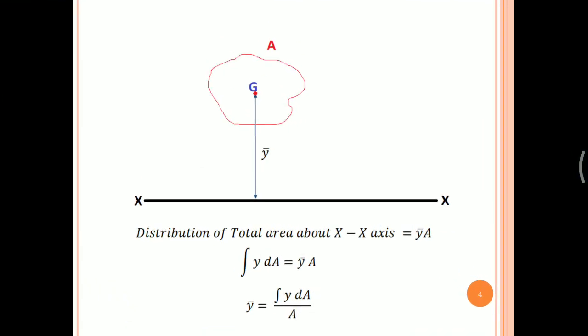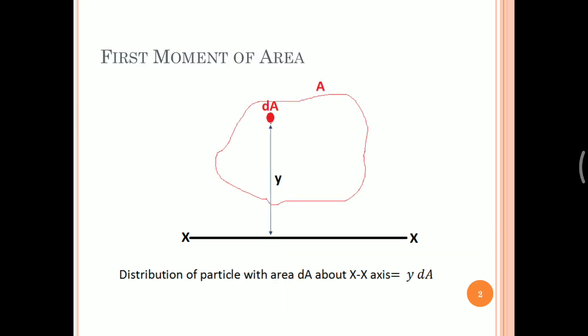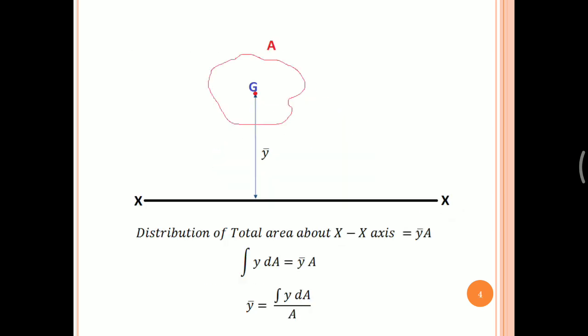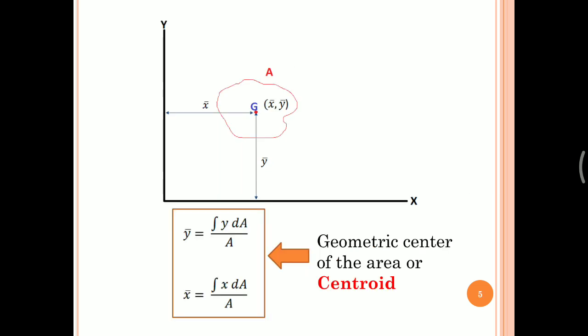Okay, so let's move back to our equation. That is y bar is equal to integral y dA by A. For the time being, we'll use this single equation itself. Now, I'm drawing another axis, the y-axis, perpendicular to the x-axis, and let x bar be the distance of G from the y-axis.